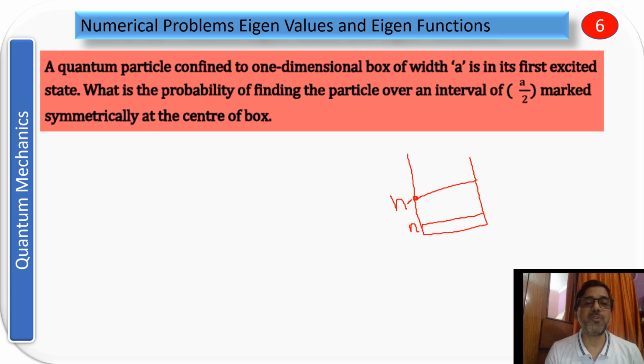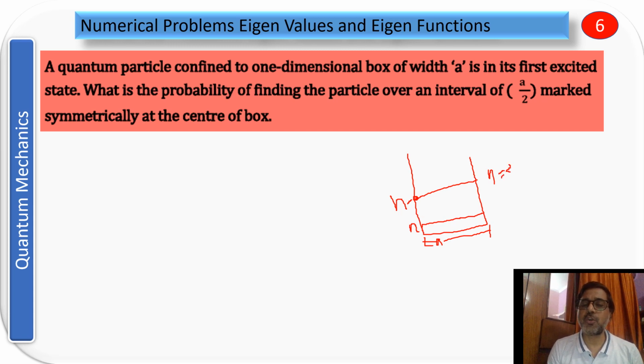Now you read further. What is the probability of finding the particle over an interval of a by 2? Let us suppose the full width of the box is a. The particle is in the first excited state, that is n equal to 2.